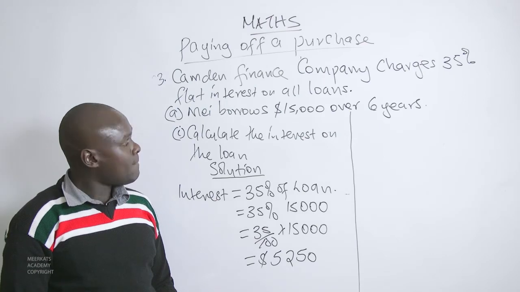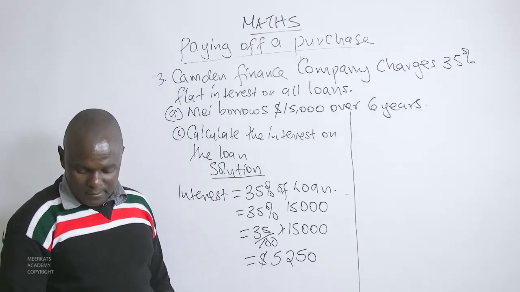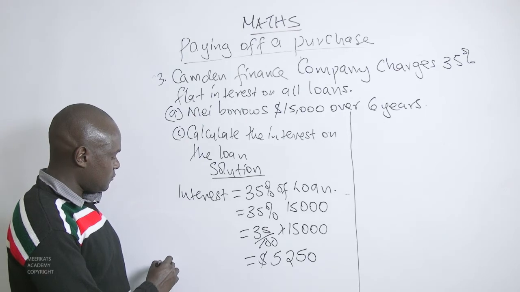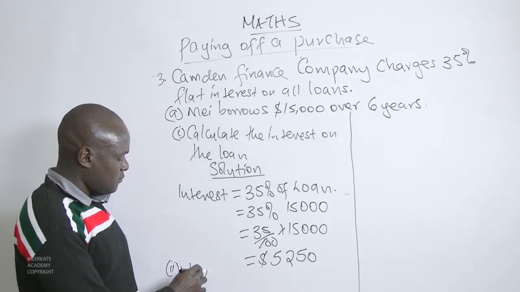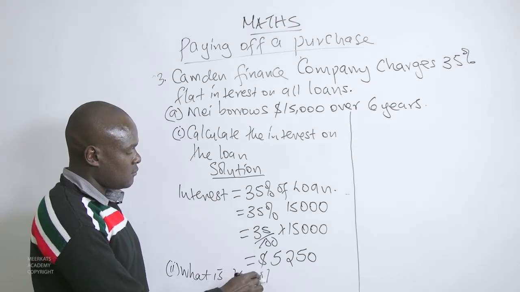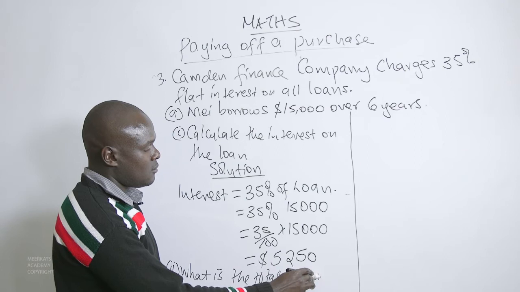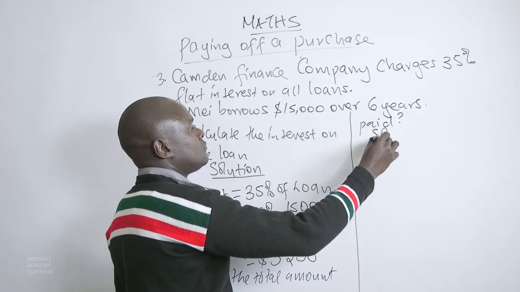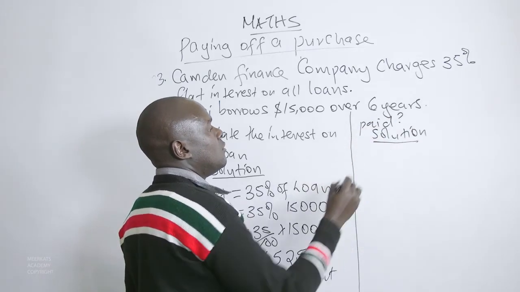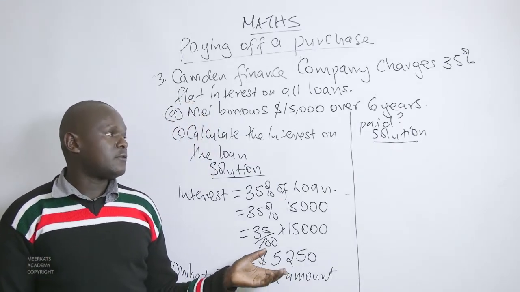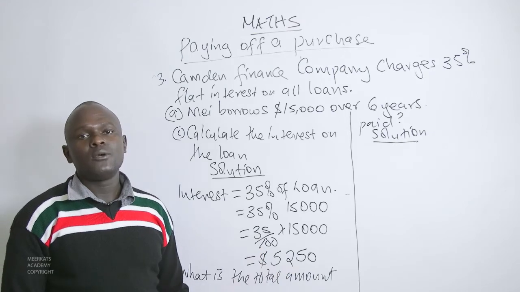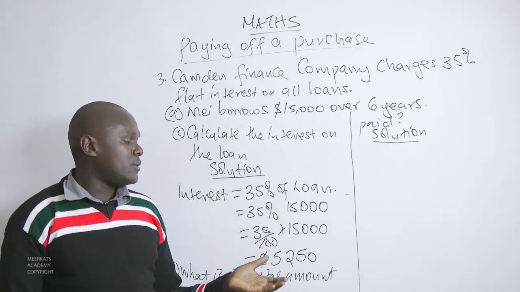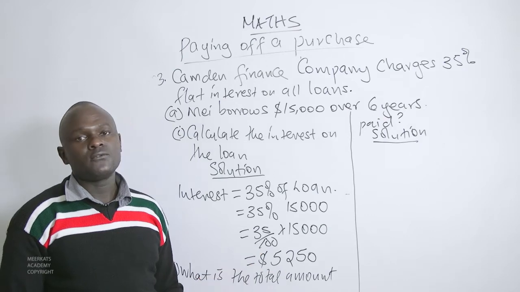We move on and look at the second question on part A, which is what is the total amount paid? Remember, the total amount to be paid back to the financial institution will have to include the original loan that was extended to May, together with the interest that has accrued over that period of 6 years.